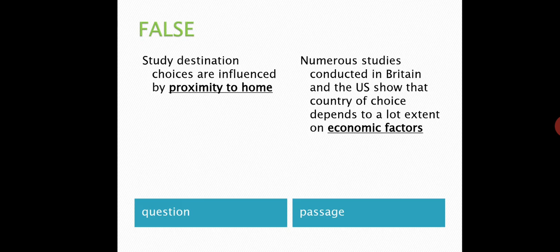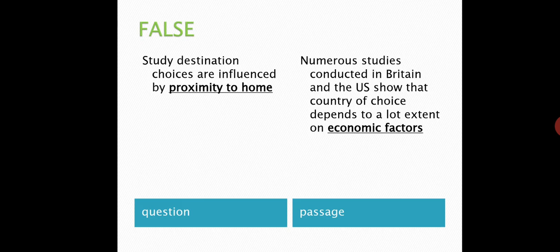So study destination choices are influenced by proximity to home. Yun yung pagkakaintindi natin na yung factor na pag-aaral sa ibang bansa, or pag-aaral sa ibang lugar, study destination choices, or wherever choices, there may be, are affected by proximity to home o yung lapit sa bahay. All right.